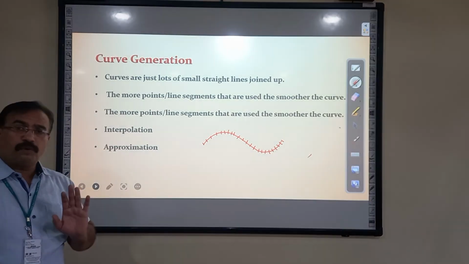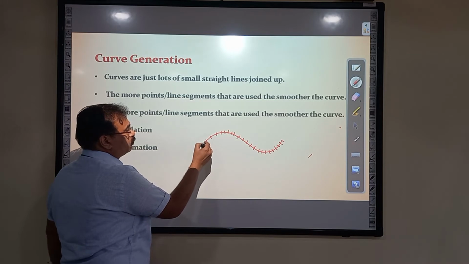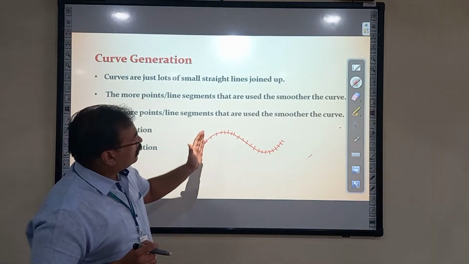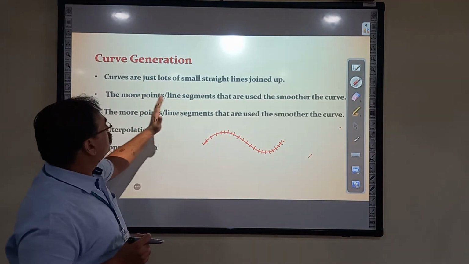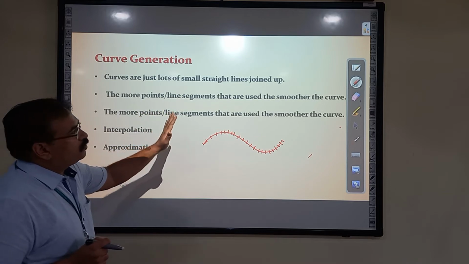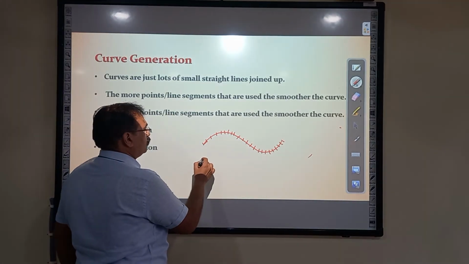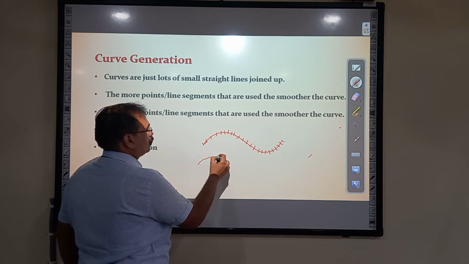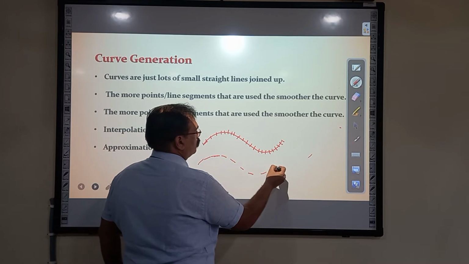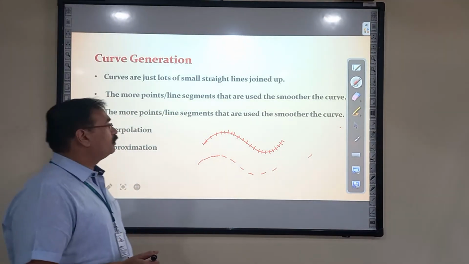Maybe further smaller if the sharp edges are there, but I assume that from this point to this point the line happens to be straight, and thus all the straight lines are joined together to get a curve. The more points or line segments that are used, the smoother will be the curve. The same curve can be generated in this way. So more number of edges, more number of points, smoother will be the curve.